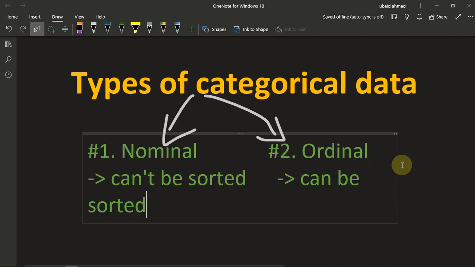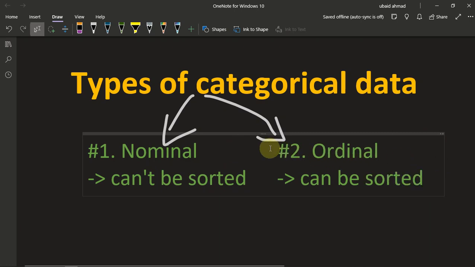Yeah, so this is the main difference between the nominal and the ordinal.